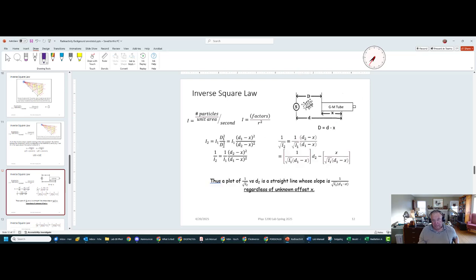Now we think about D as the distance from the source to the face of the Geiger tube. But since the Geiger tube has that wire through the middle, particles can come in and they may ionize here or they may ionize there. They're going to ionize in different places, especially if the particle hits an argon molecule and just stops.